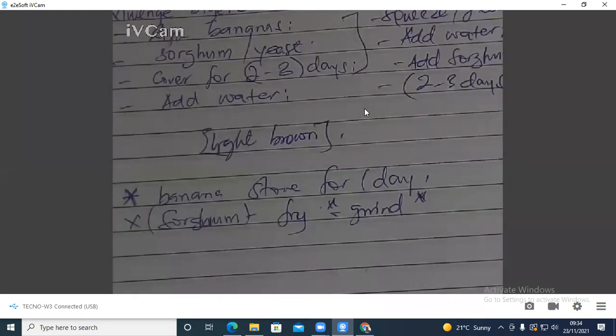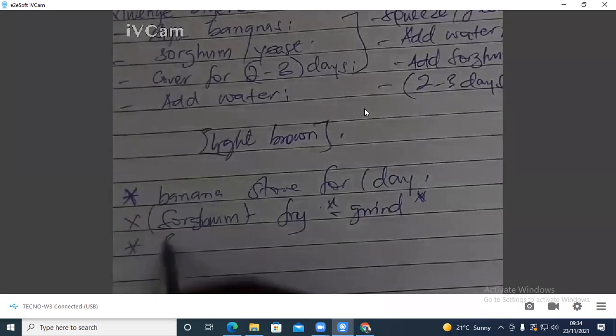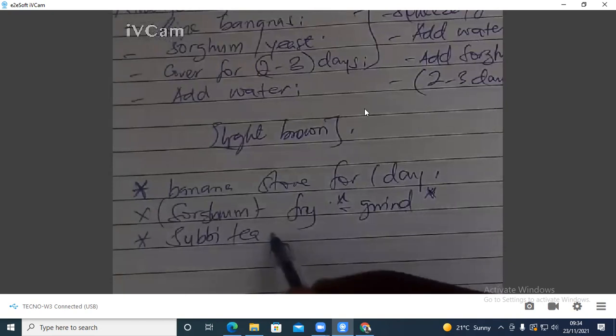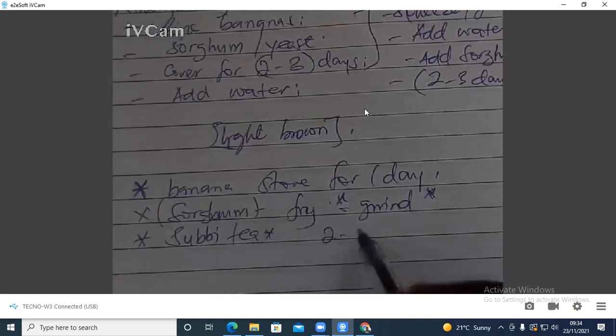Then after that, get subiti, the one used in tea for taking. Then you leave it for 2 to 3 days.